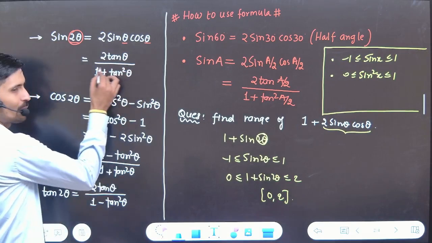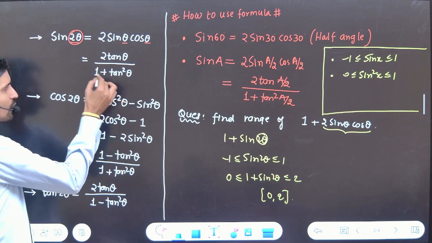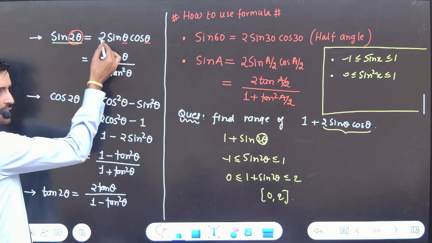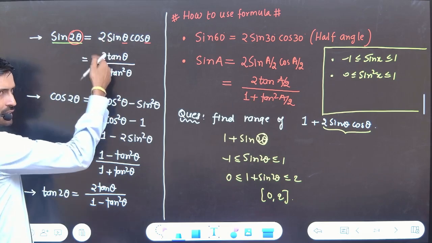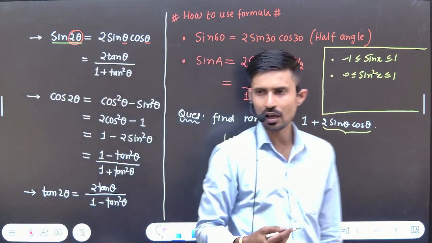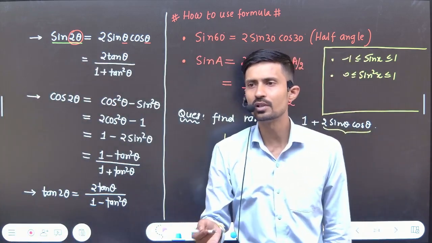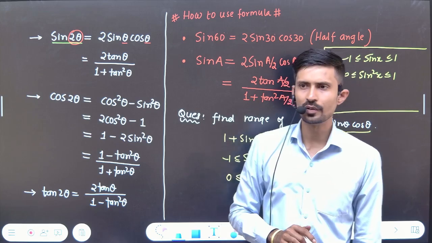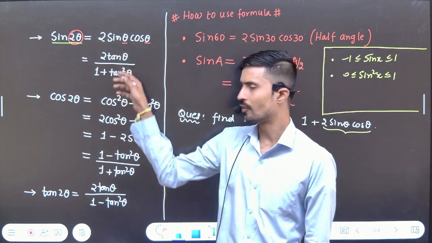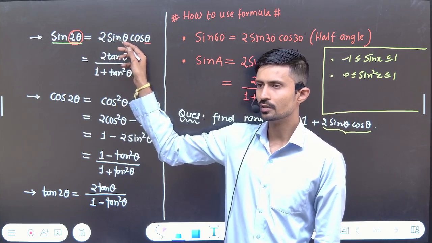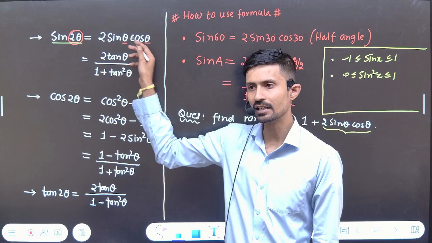Now we are going to see 2 tan theta upon 1 plus tan square theta. The simple concept here is that sine 2 theta you can change into two formulas. But the question is, sir, how will I know which formula we have to apply? If you apply this formula, it changes into sine and cos.